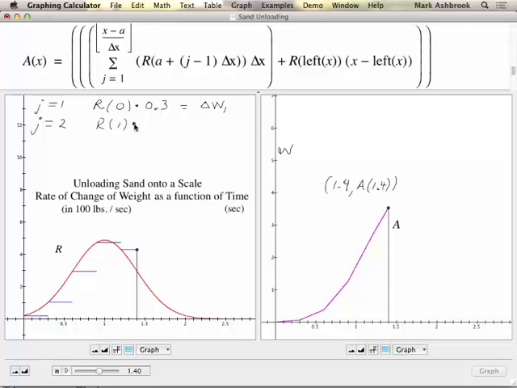Okay, and then J equals 2 refers to the second interval. When you put 2 in this expression right here, you get R of, not 1, R of 0.3.